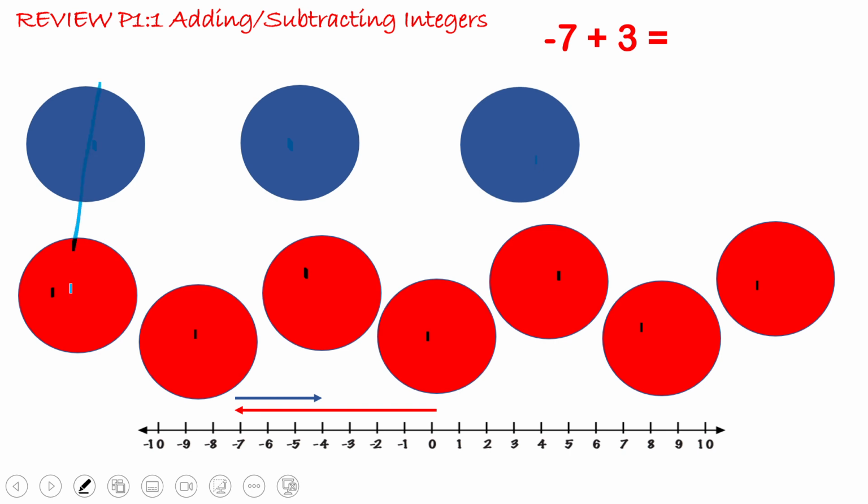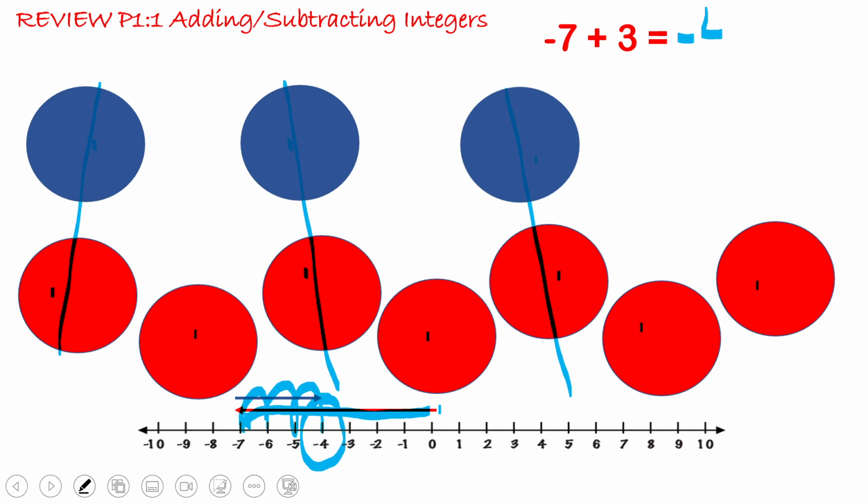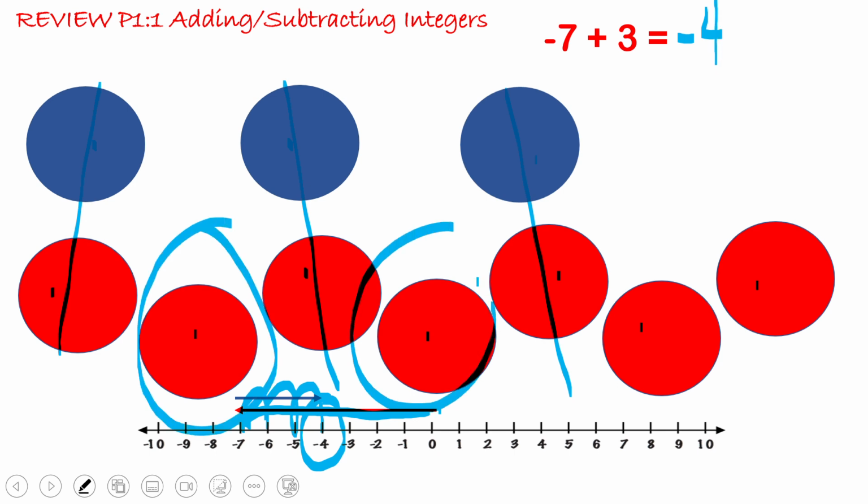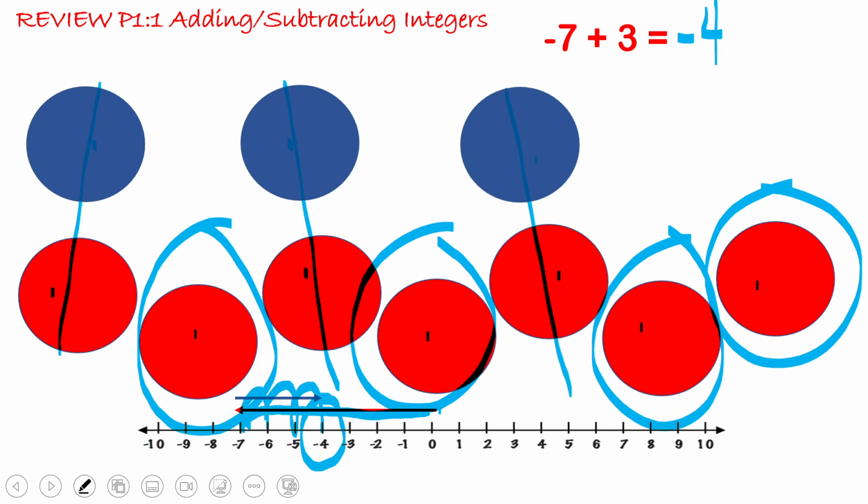We can cancel out any zero pairs, and we see the 7 carries more absolute value than the 3. The 7 is negative, which means your answer will be negative. On the number line, we go back 7 negative from 0, then go in the positive back toward 0, 1, 2, 3, and we land at -4. Does that match? 1, 2, 3, 4 negative red chips are left after the zero pairs are taken out.